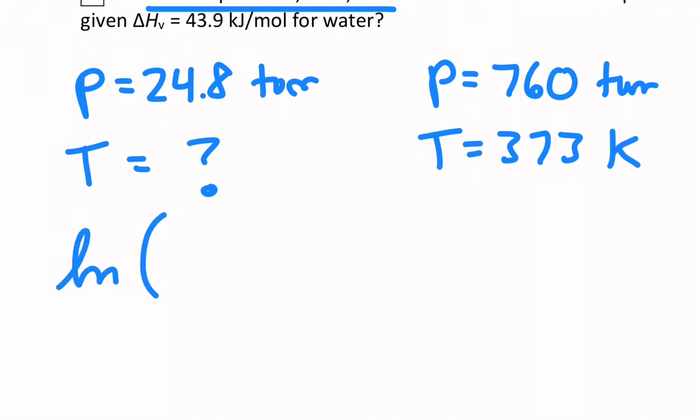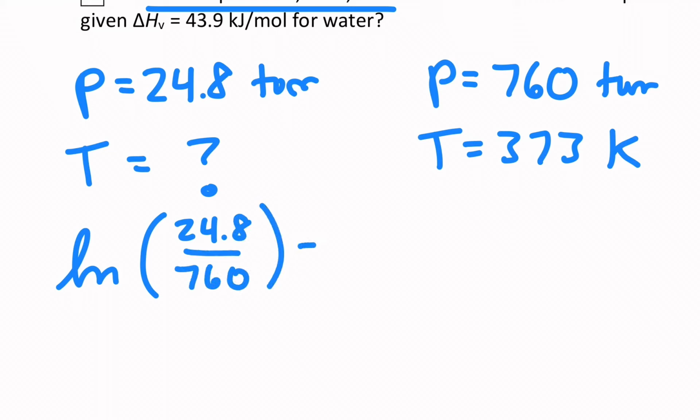So the natural log of the ratio, I'll do 24.8 over 760, is equal to delta H vap. That means the heat of vaporization, which is 43.9 kilojoules. I'm going to write that as 43,900 joules per mole.